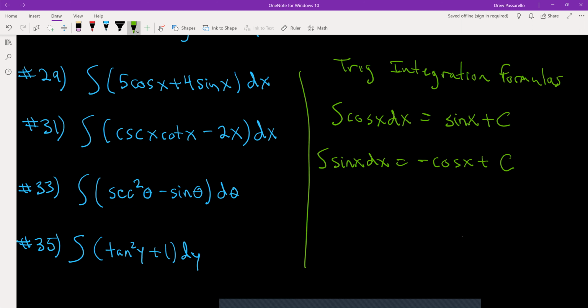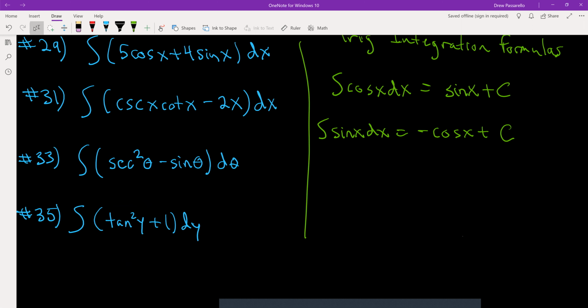All right, so there is a formula for cosecant cotangent. And based on the table, that comes out to be negative cosecant. All right, so there's a secant squared.